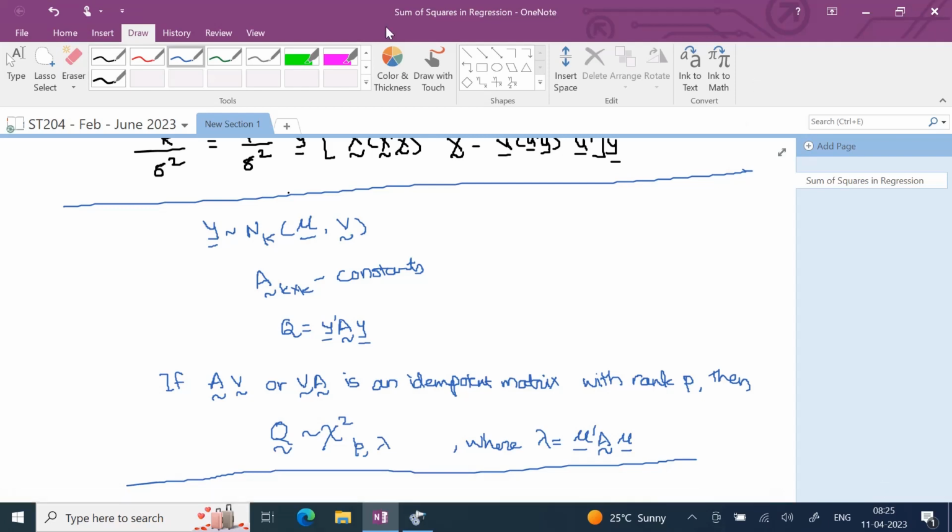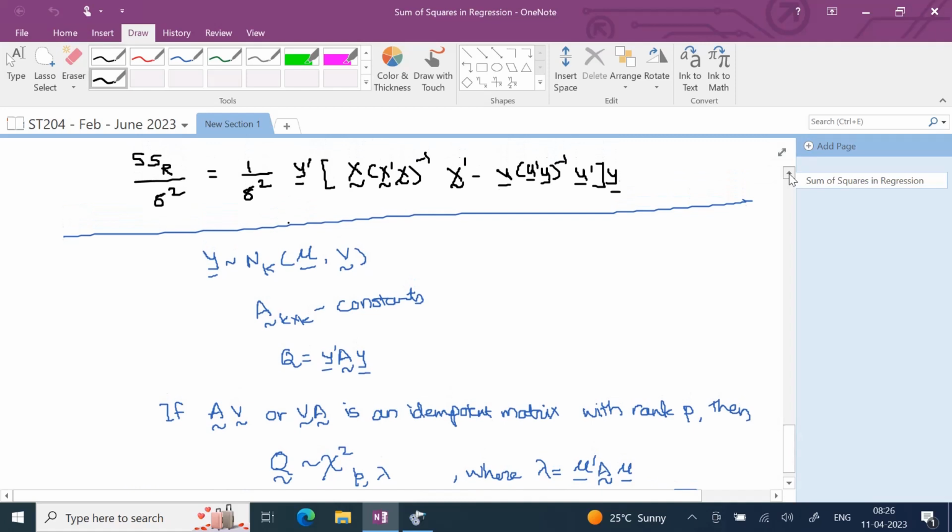As a result, now my V is sigma square into I, correct? What is my A matrix here? A matrix is this matrix divided by sigma square. So A into V is basically this matrix. And we already proved that this matrix is idempotent.